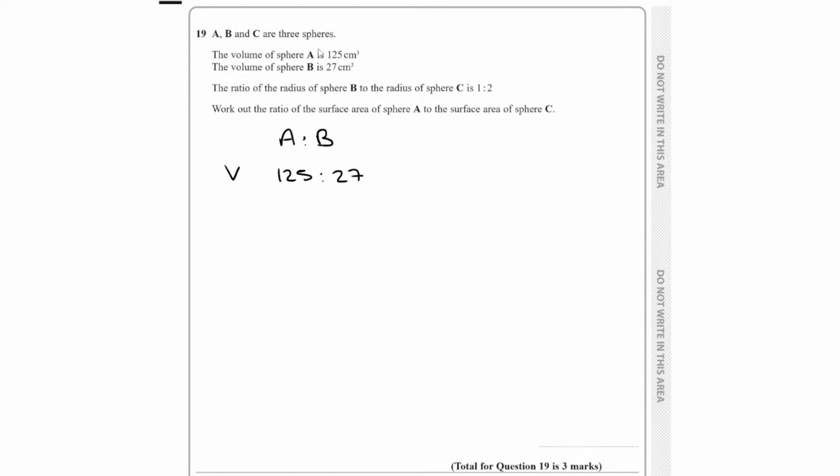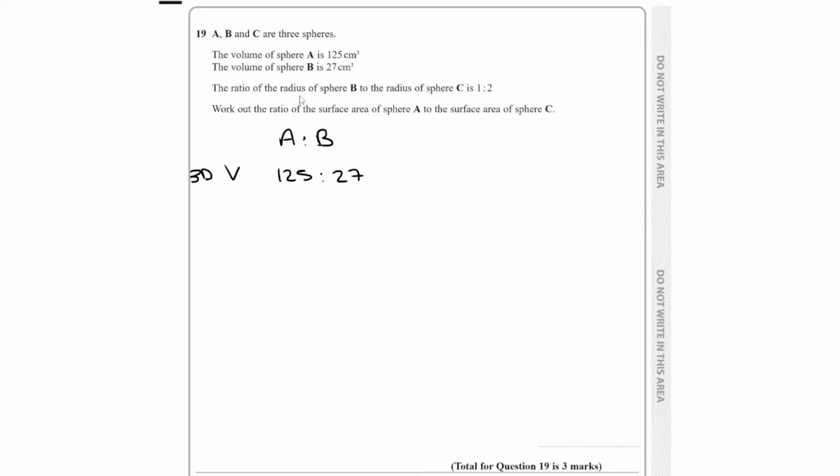Don't worry about the fact that they're spheres. You don't need to use any formulas. It doesn't matter what type of shape it is. It could literally be any shape. We're just going to think of it really basically. So just imagine its volume is 3D. Just think of it that way, 3D, cubed.